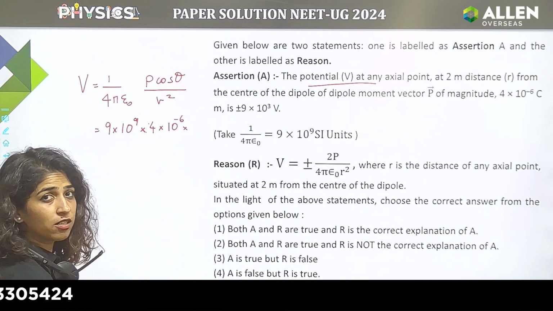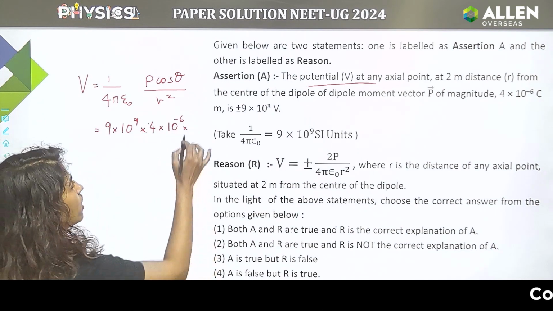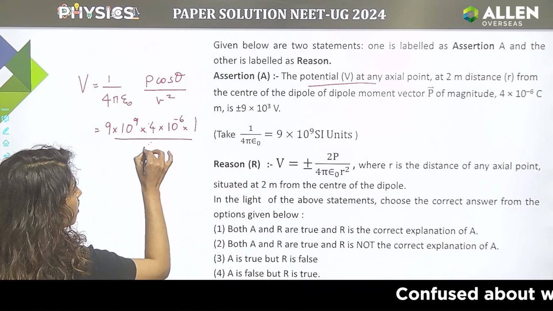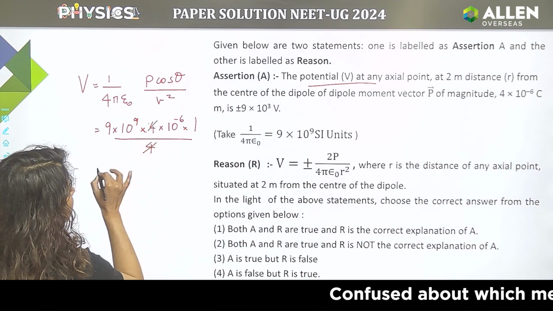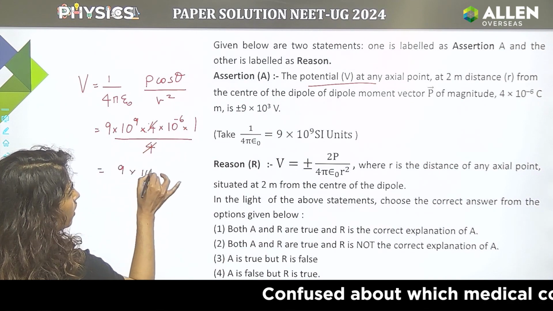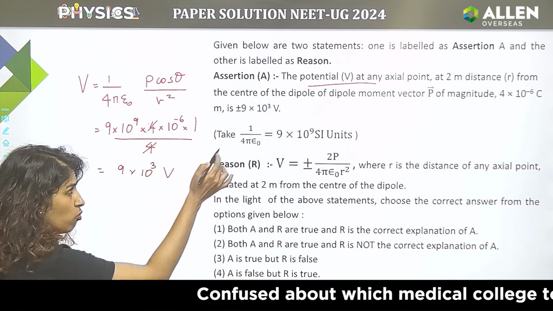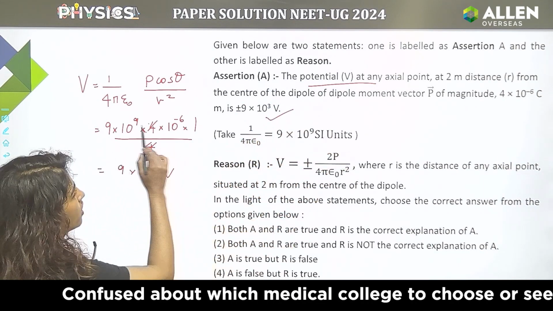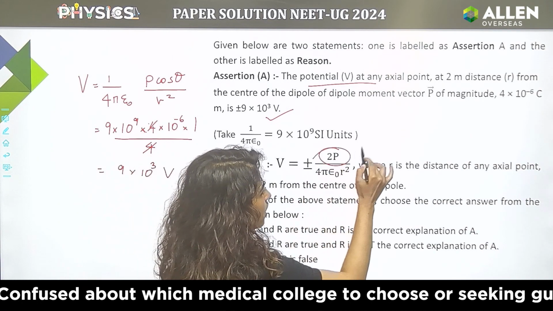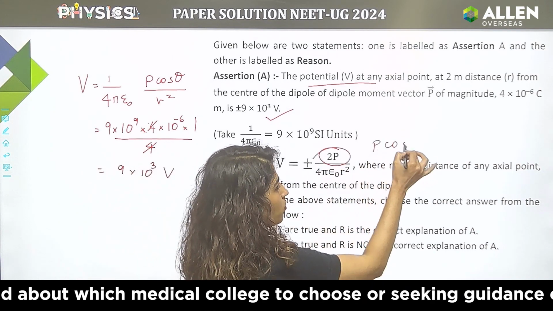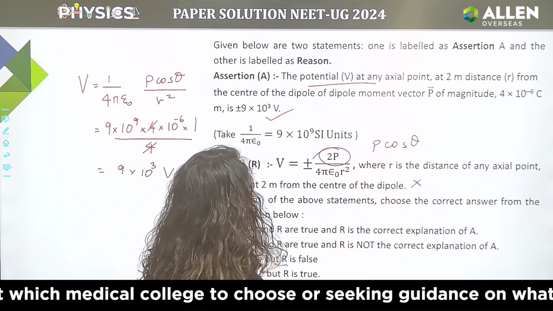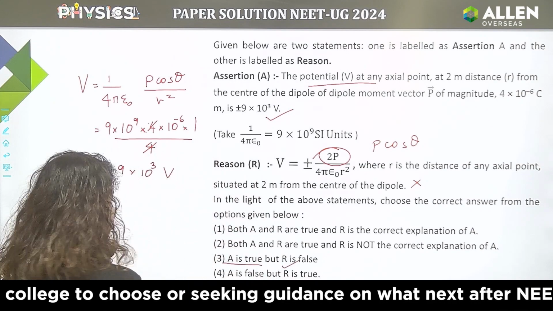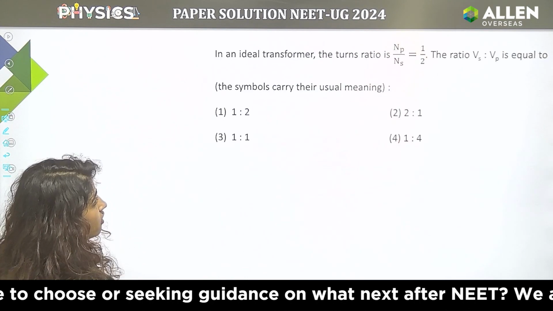Since it's an axial point, theta would be either 0 or 180, making cos theta 1, upon distance is 2 meter, making it 4. So if I cancel this out, 9 into 10 raised to minus plus 3 volt, which is the correct statement. The reason formula is not correct, instead of 2p, it's going to be p cos theta. That's the reason why the reasoning is wrong. So assertion is true, but the reasoning given is wrong. So option 3 is the correct answer here.